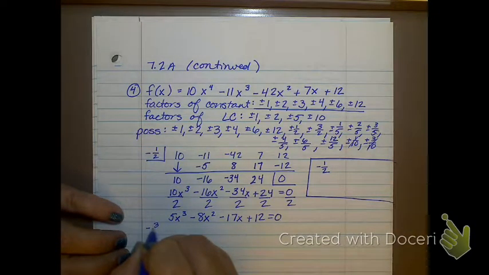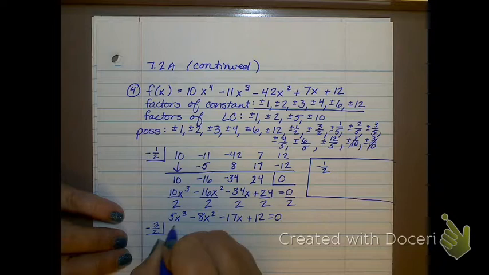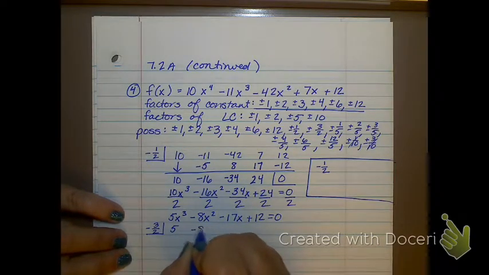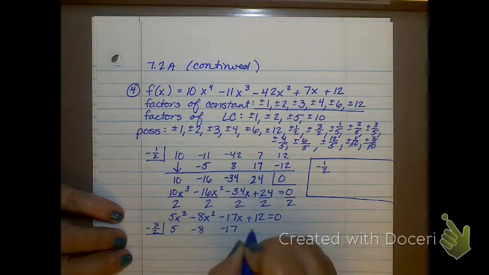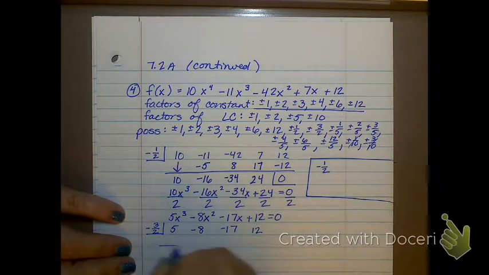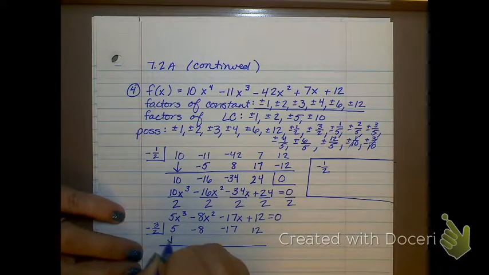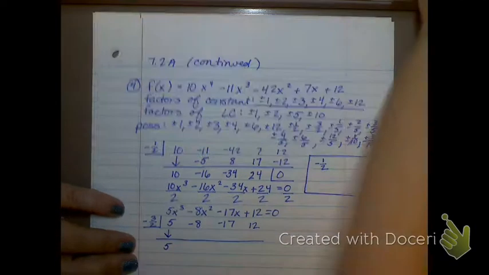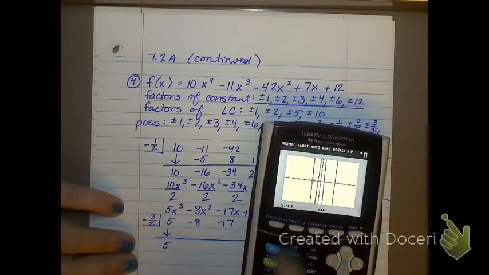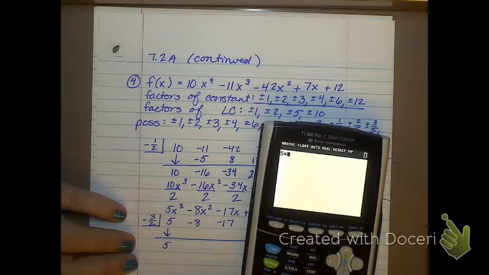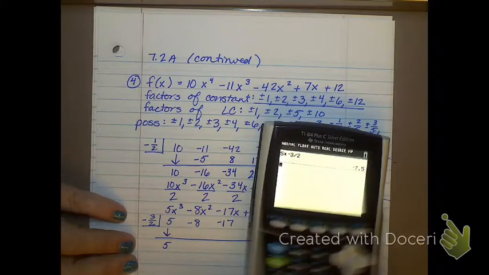Negative 3/2. And I have 5, negative 8, negative 17, and 12. Bring down the 5. Uh-oh, is this going to be ugly? 5 times negative 3 over 2 is negative 7.5.